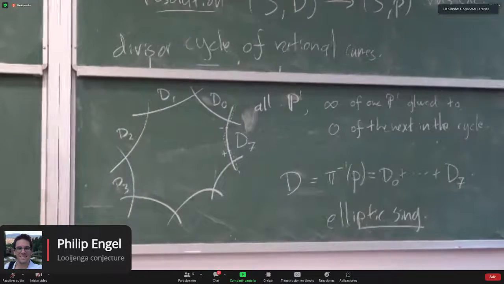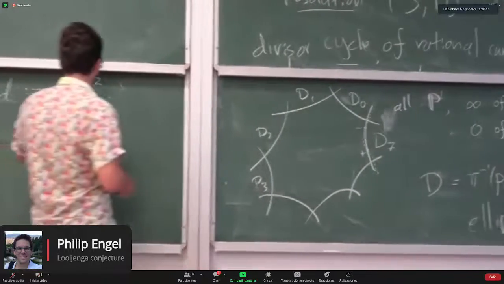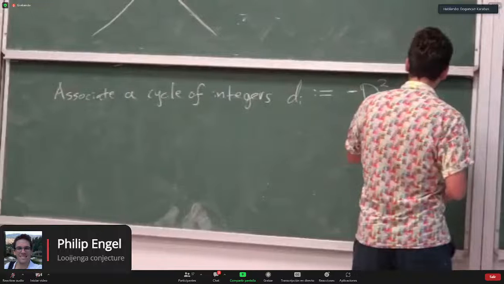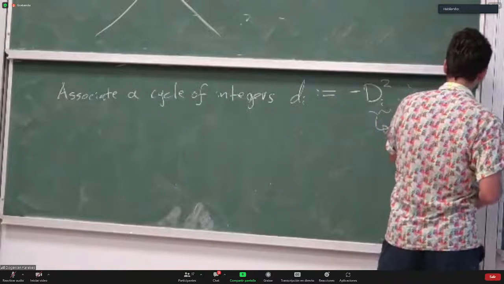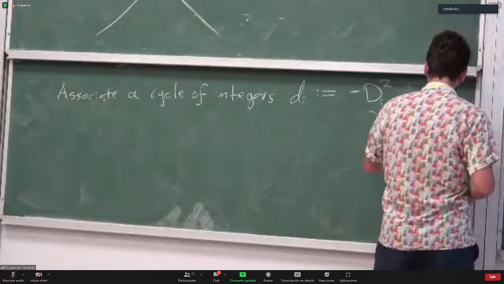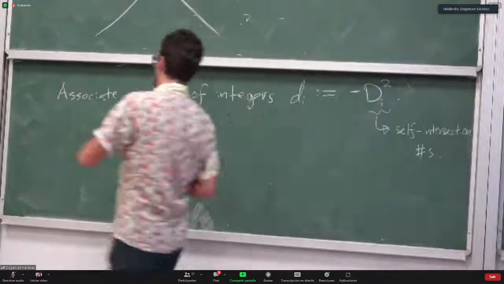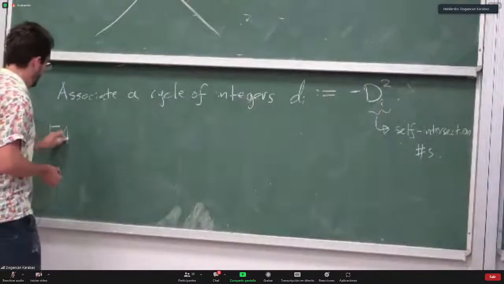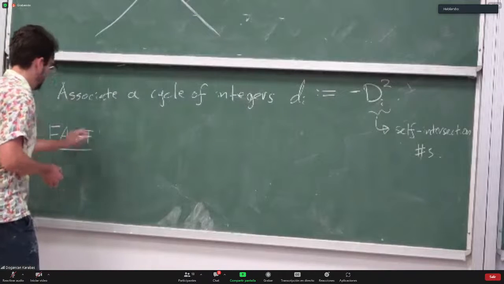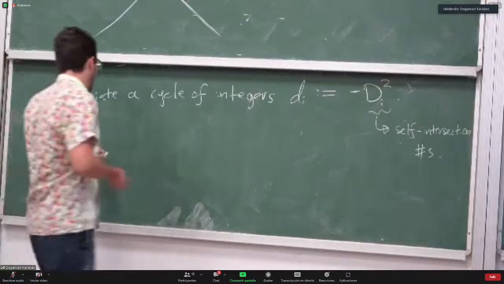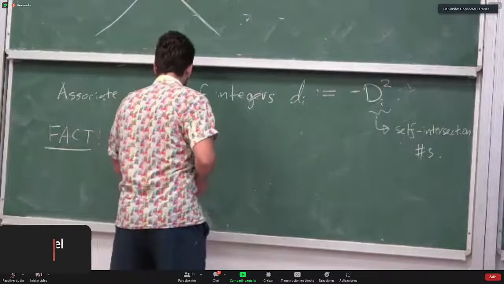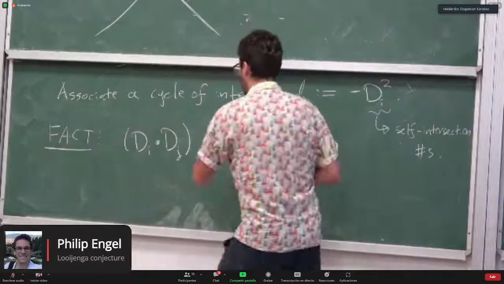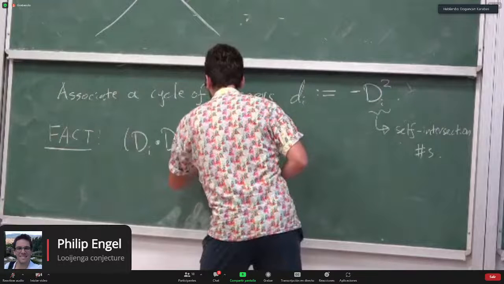So we're going to associate the cycle of integers di, the so-called self-intersection numbers. And I'm just going to take it as a fact. So just a fact that if I take the intersection matrix of these Di's and Dj's ranging over all i and j, right?